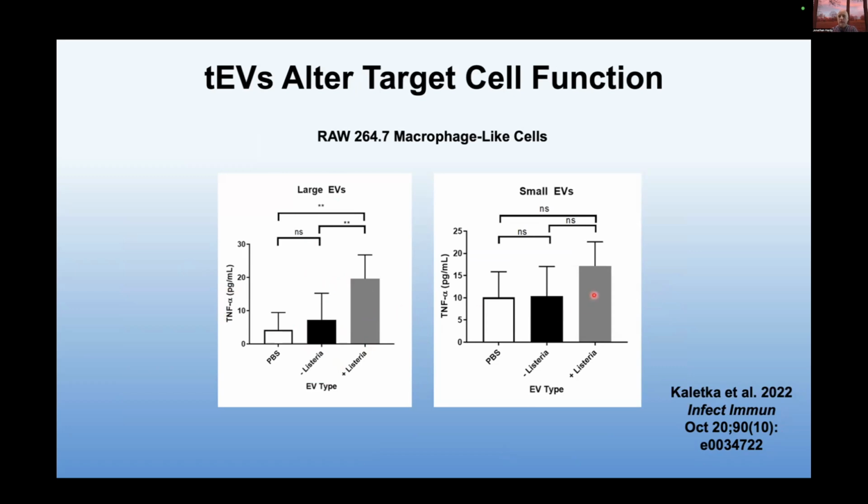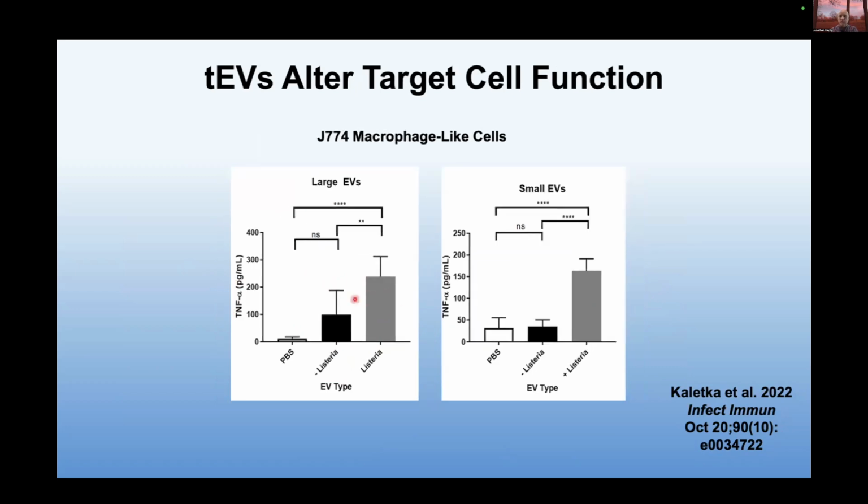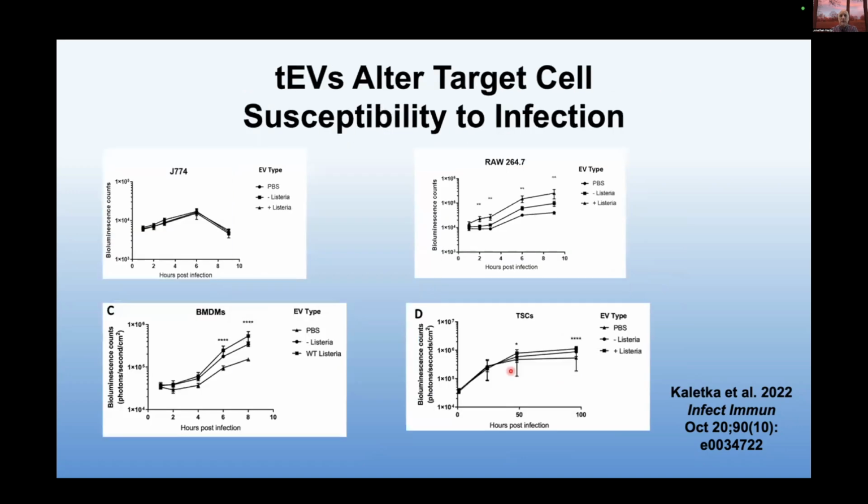There's another cell line, the J774 macrophage, with a large increase in TNF when they're treated with the ones from the infected TSCs, not the uninfected ones. So infection is altering the function of these EVs.